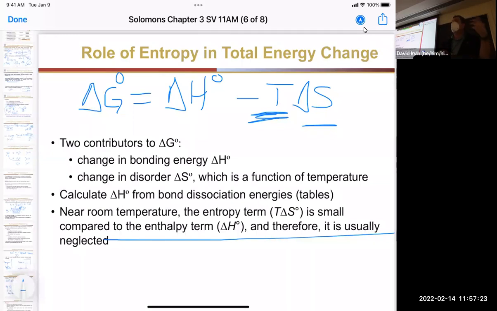So that's where we're going to get the calculation for Gibbs free energy: measuring the bond energies in the different bonds we have. So we're going to compare all the different bonds in the products to all the different bonds in the starting materials, and see which one's positive or negative.